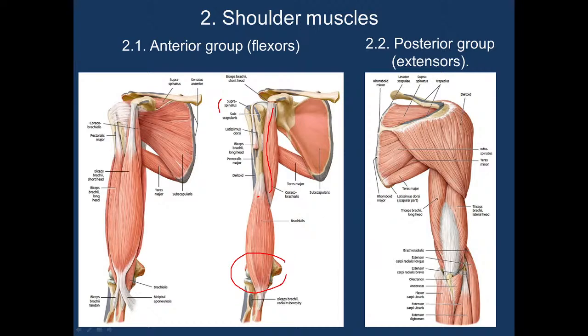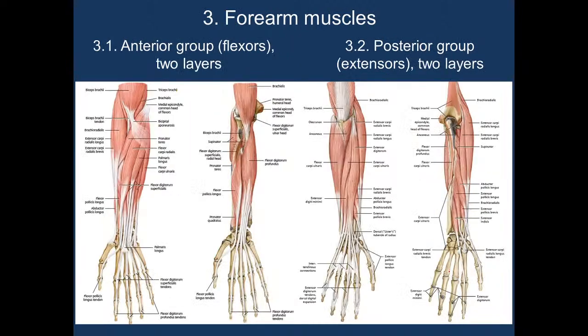In the posterior group, we can nicely see this massive and very famous muscle called Triceps Brachii, and a small muscle we could find here. This is anconeus.